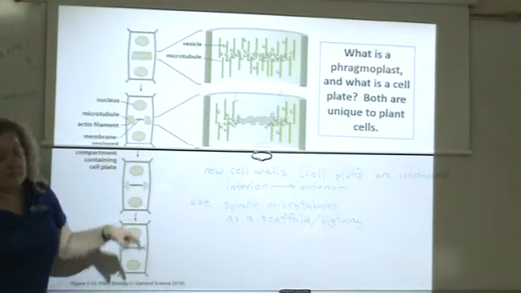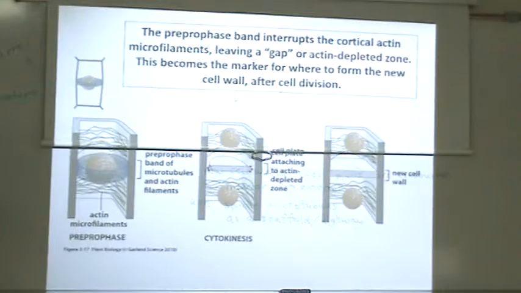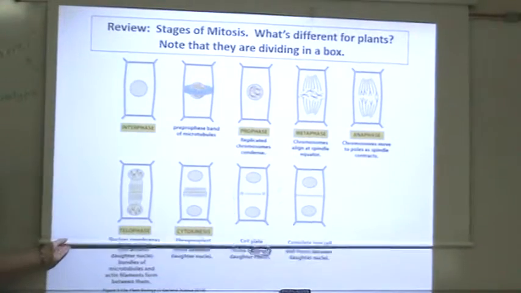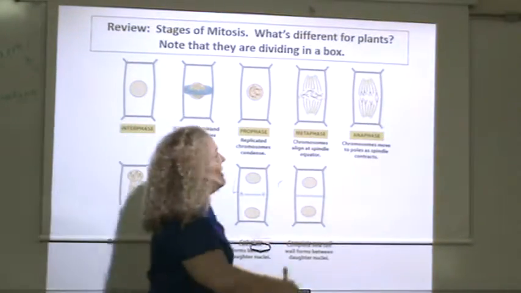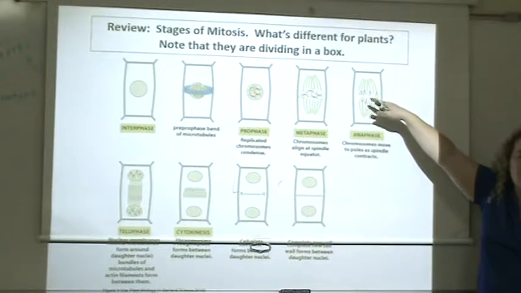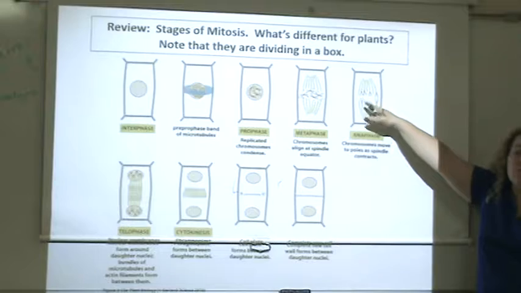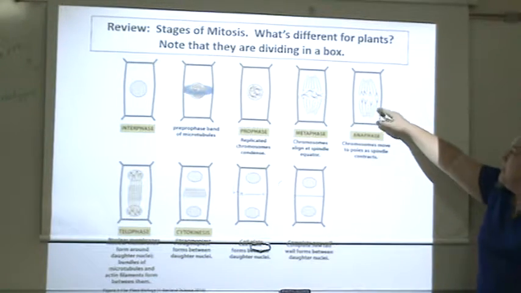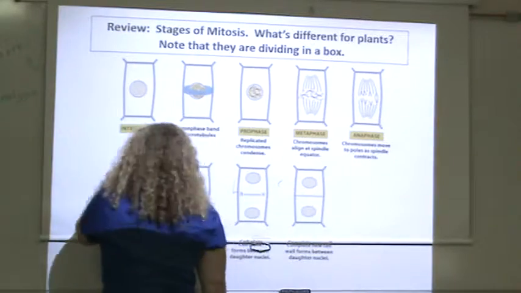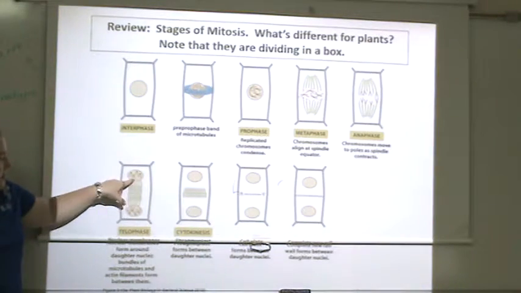But to get to this point, it had to build this network of microtubules to pull chromosomes. The spindle, remember that? The spindle is made out of microtubules. And the spindle, toward the end of telophase, is shown in the green here.